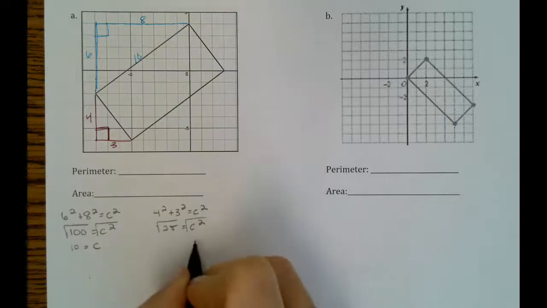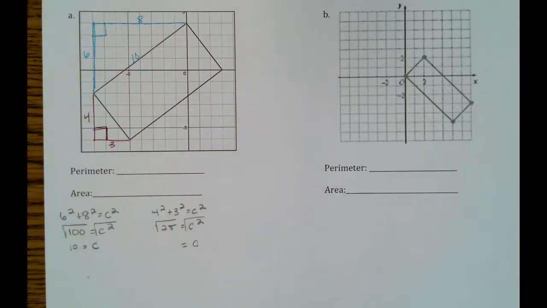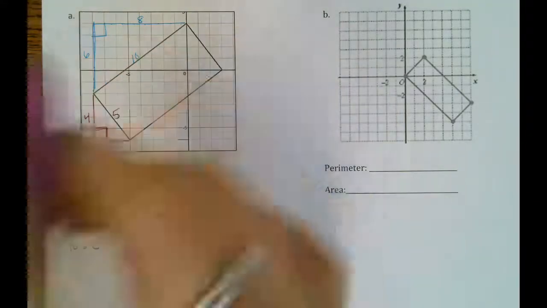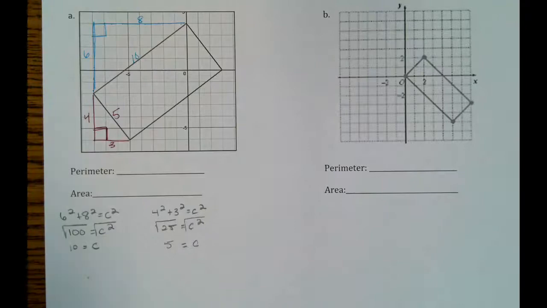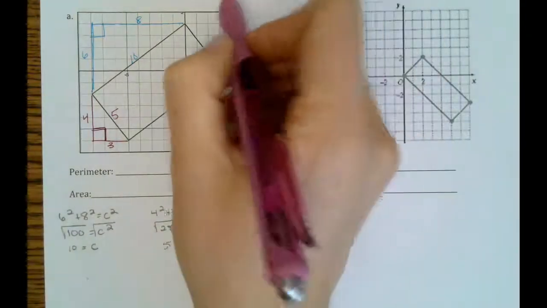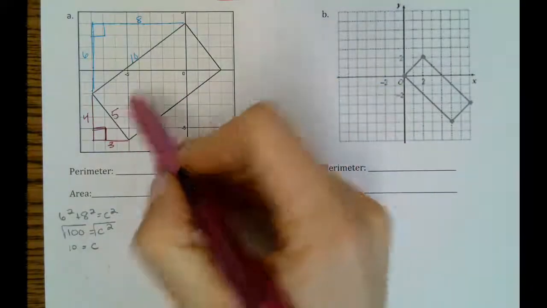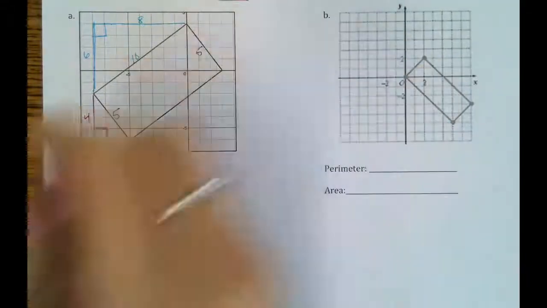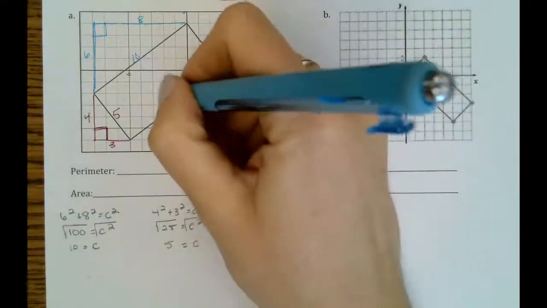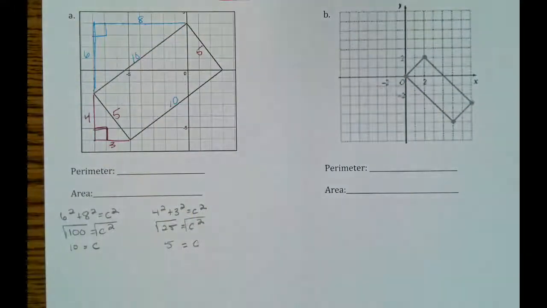Take the square root, and the square root of 25 is 5. So that means this side here has a measure of 5. Now, since they told us that this is a rectangle, we know that this opposite side is also 5, and this opposite side is 10.